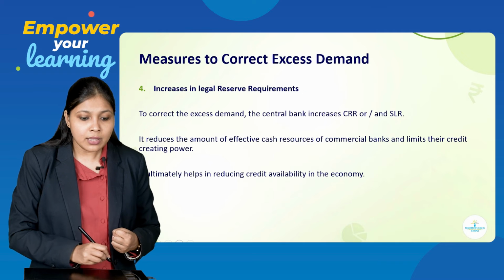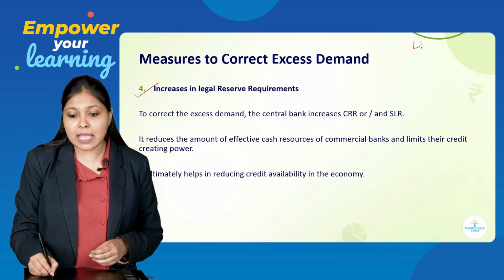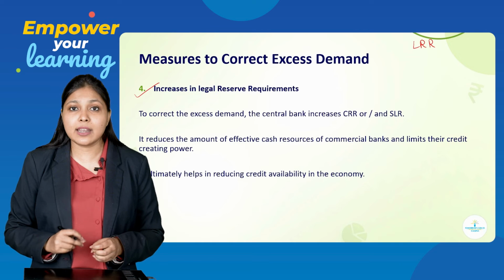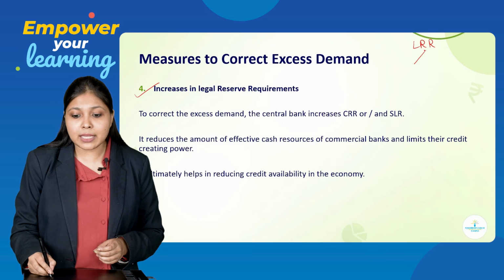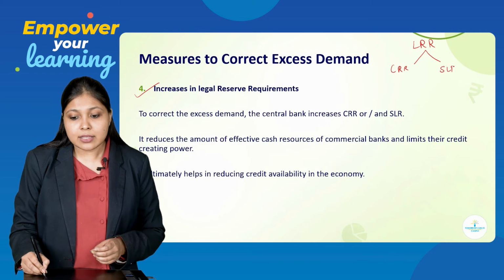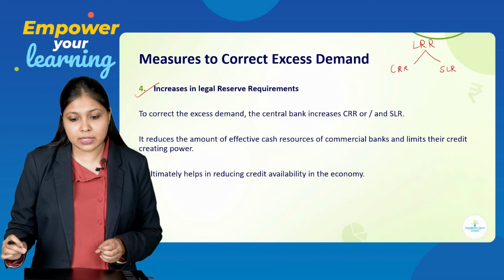Okay. Next is increase in LRR. See, as we have already talked about it, LRR is something called legal reserve ratio. LRR can again be of two types, that is CRR and SLR. CRR is cash reserve ratio, SLR is statutory liquidity ratio.